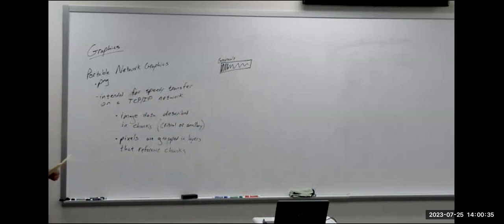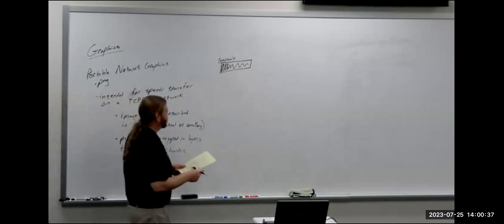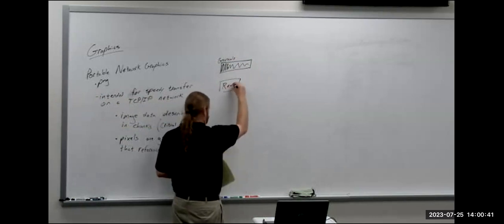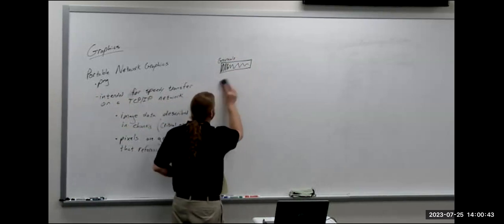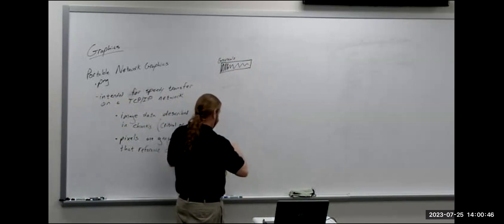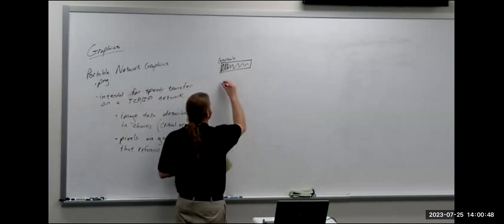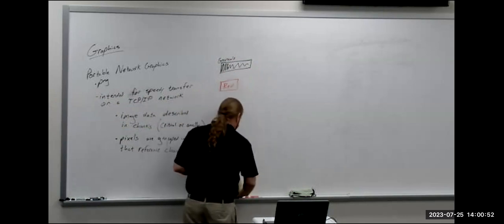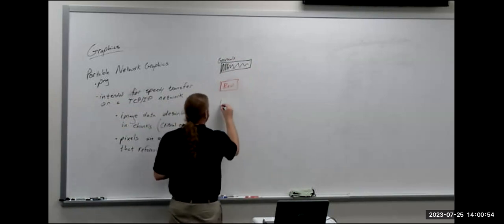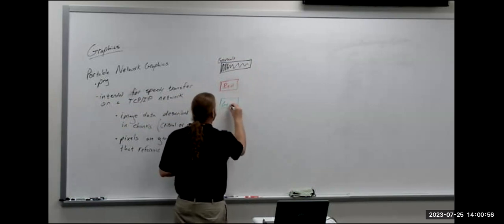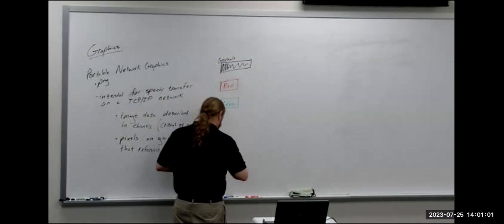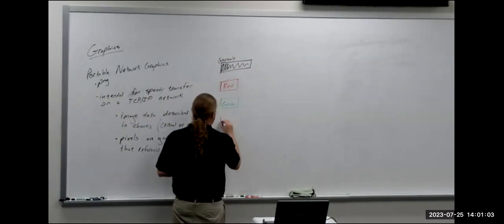So some number that represents how black or white it is. Then we have some red data, which I can color code. Some stuff's going to be red, some stuff's going to be green, and some stuff's going to be blue.